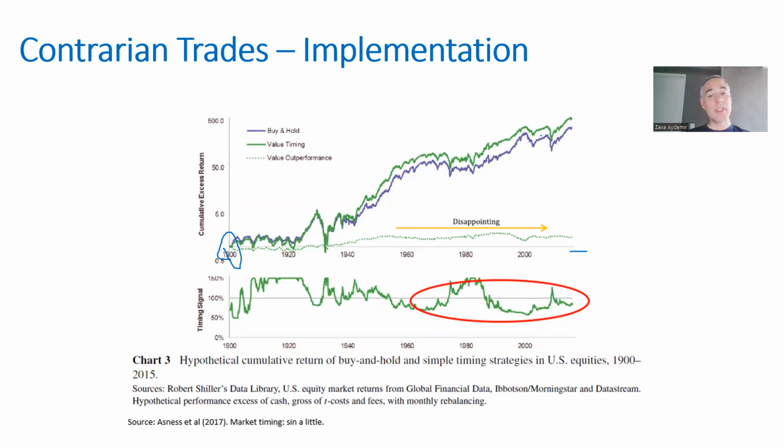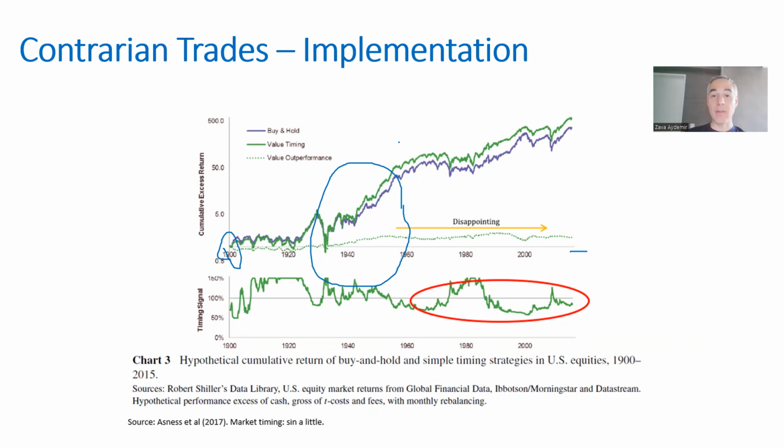The problem, however, is that this strategy has been predominantly generating money in this period here, let's say from 1940 to 1960, where these two cumulative P&L lines start to diverge. So the blue line, again, buy and hold, versus the green line, the value timing model.